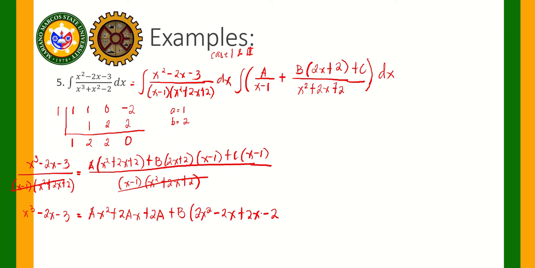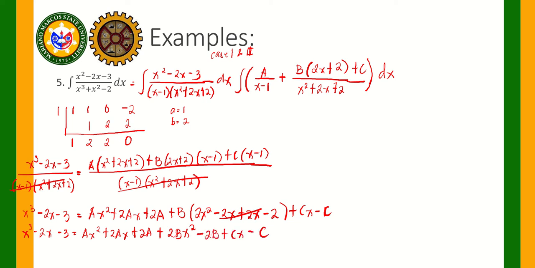So, that is equal to, and then plus cx minus c. Distribute natin si c dito. So, of course, this will cancel. So, simplify further pa natin. This will be equal to ax squared plus 2ax plus 2a plus 2bx squared and then minus 2b plus cx minus c.